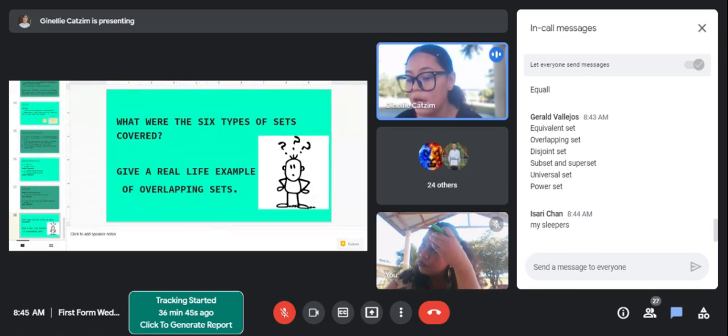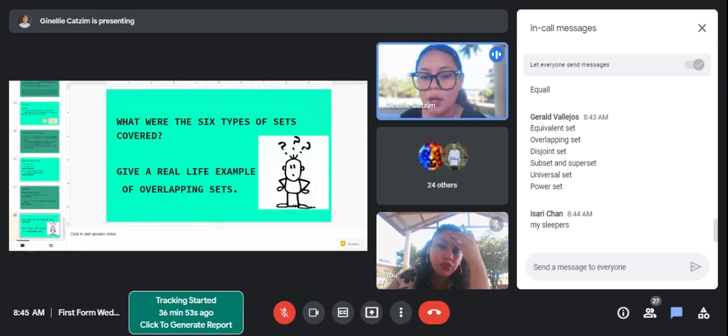You have one in common, then those are overlapping sets. Remember, overlapping sets have at least one element in common, at least one thing is common in the two sets given. So that was all for today with the sets, the six types of sets that we covered.